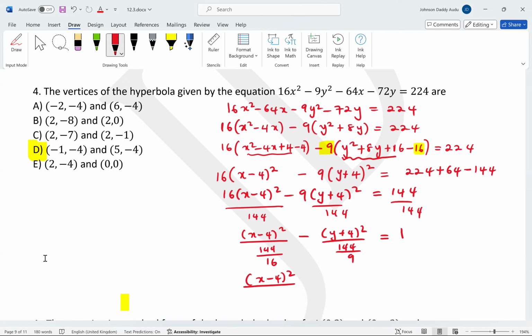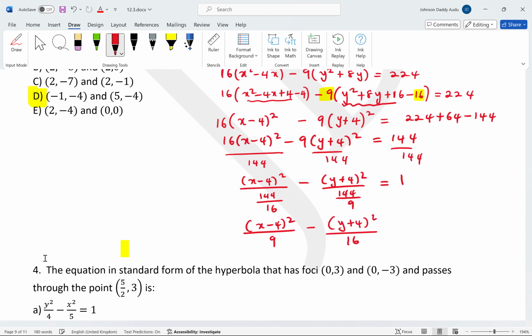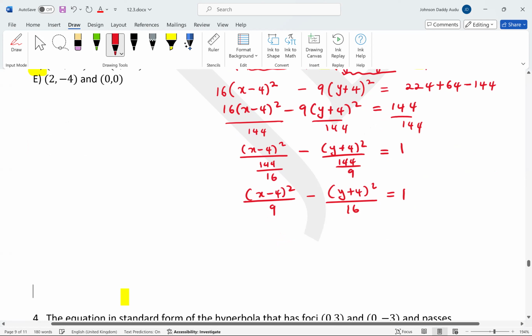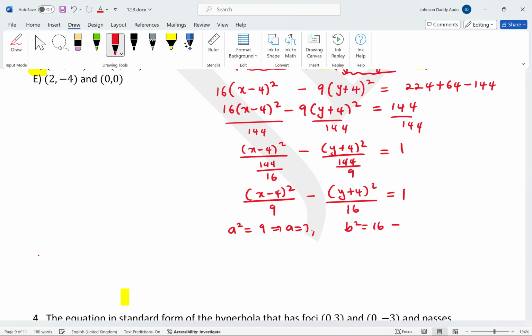Yep. Okay, so here will be 9, and here you have 16, is equal to 1. So clearly here, we're dealing with a horizontal hyperbola. So our a squared is going to be 9, so a is 3. b squared is equal to 16, which means that b is equal to 4.